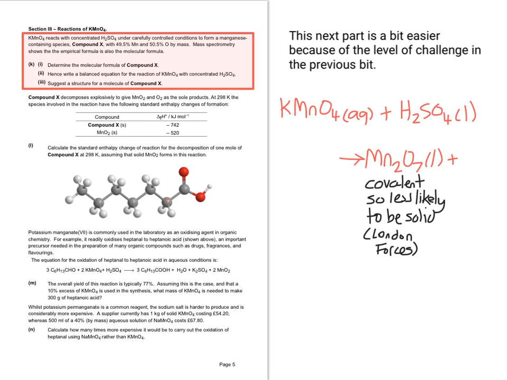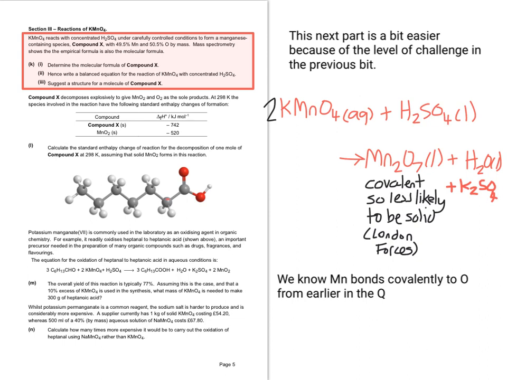Now obviously we need to make sure that we have balancing for manganese. So we add a 2 in front of KMnO4, and the only spare molecule we can think of, which would be sensible as another product, would be water.